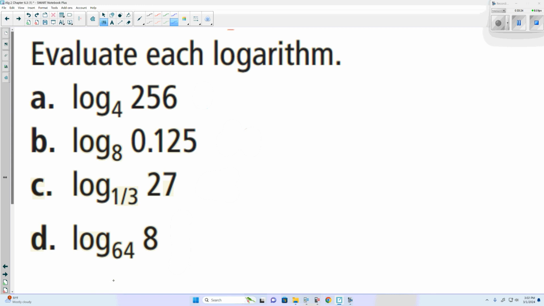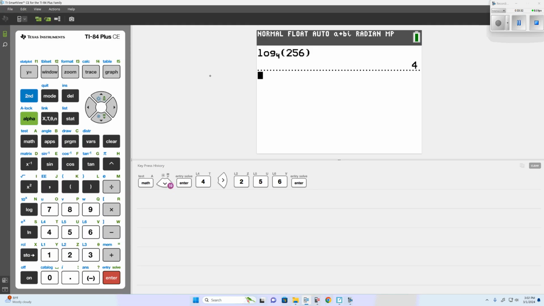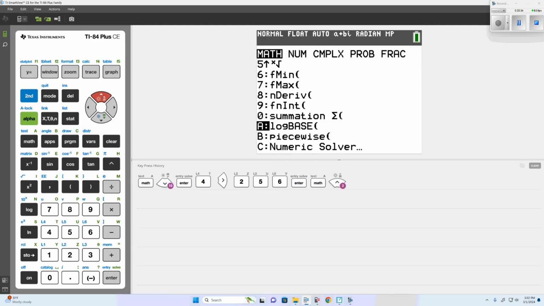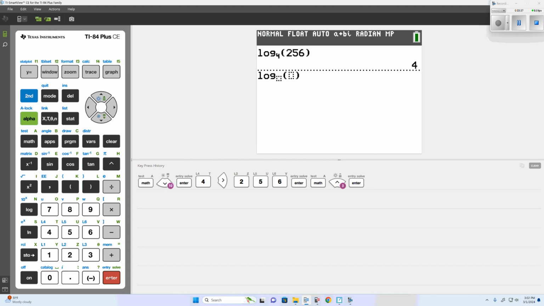So our first one, log base 4 of 256, is 4. We can look at the next one. Log base 8 of 0.125 is -1.